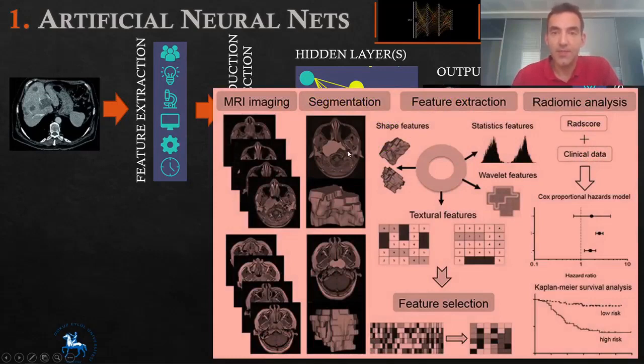Another example is on MR imaging, and here is a brain lesion segmentation approach. Once the region of interest is extracted with segmentation or manual labeling, several features are extracted. So here shape features are extracted through morphological operators, textural features are extracted, and space frequency based features are extracted such as wavelet, and statistical features are extracted using intensity transformations like the histogram that we have seen in the previous example.